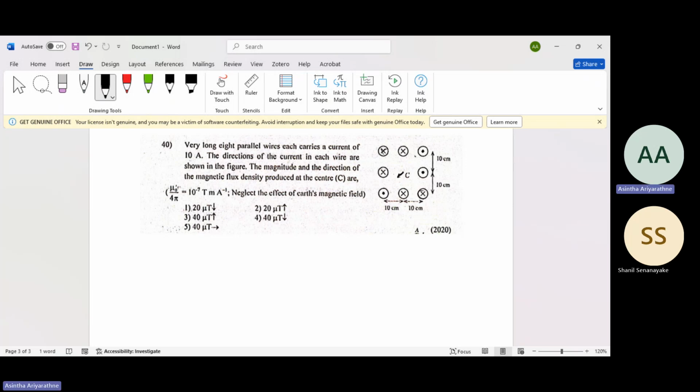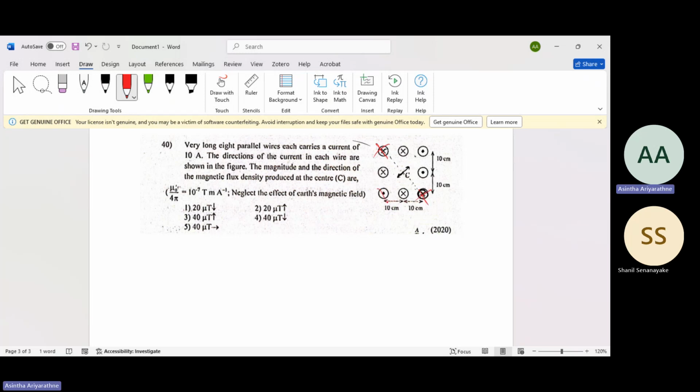If you consider this other conductor, current is also flowing into the whiteboard, but by the right hand rule the field is opposite. Since the distances from the conductors to the center and the currents are the same, they cancel out. So there is no resultant magnetic field due to these two conductors.